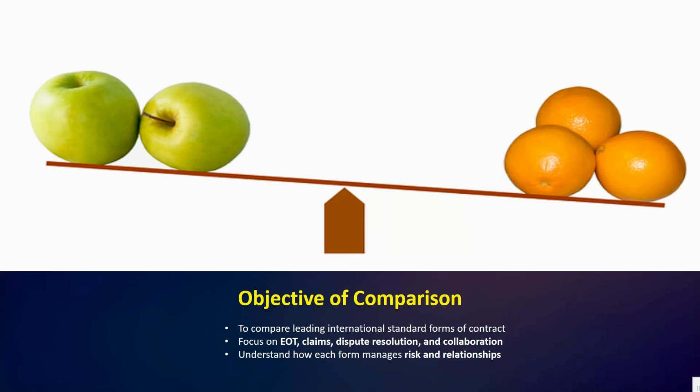We will also discuss how each form manages risk distribution and the working relationship between the client, contractor, and consultant. Think of this as a contract personality comparison: how each one behaves under similar conditions.